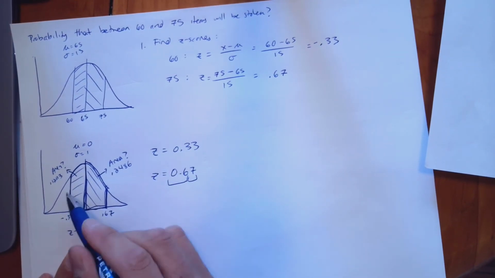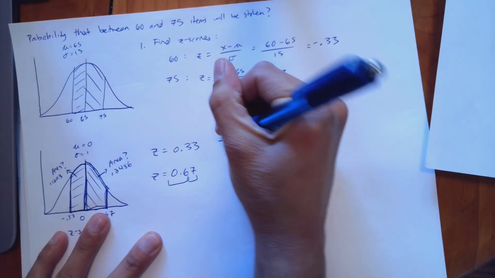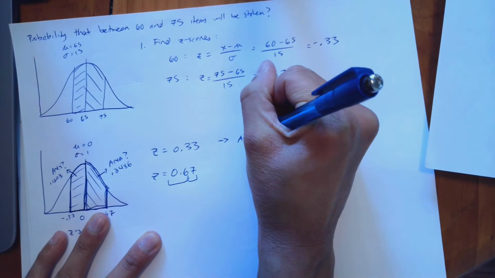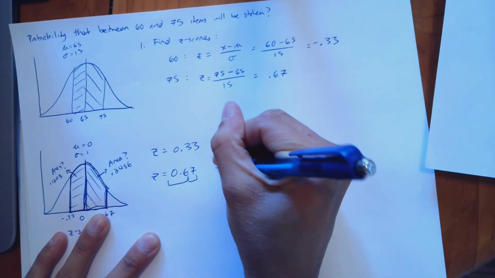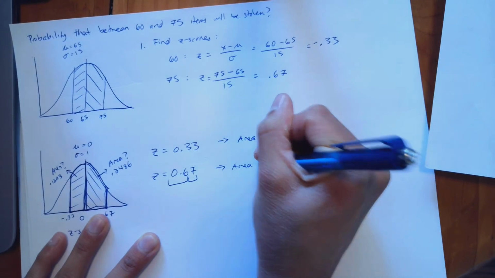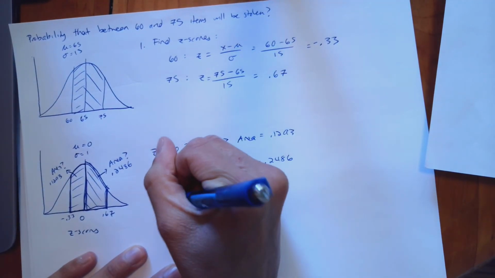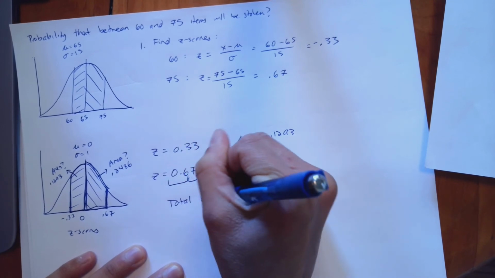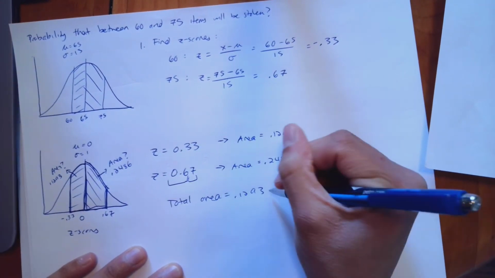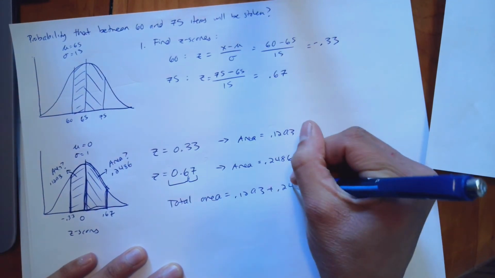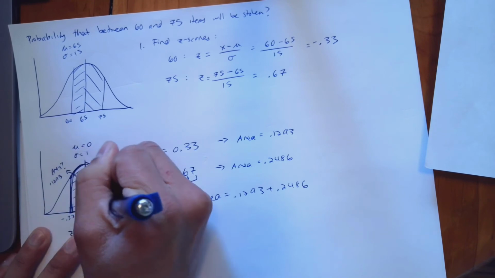So we want to find the area in here and the area in here all together. So I'll say this gives us an area of 0.1293, and this gives us an area of 0.2486. So the total area is equal to 0.1293 plus 0.2486.